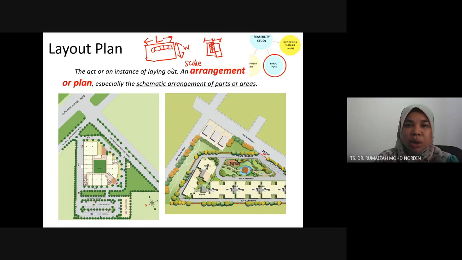Don't worry, as long as the scale is correct. Logically, 3 acres of land cannot fit 200 terrace houses. Impossible. So that's why you need to know the dimension and also the real dimension of your land, the length, the width and so on.